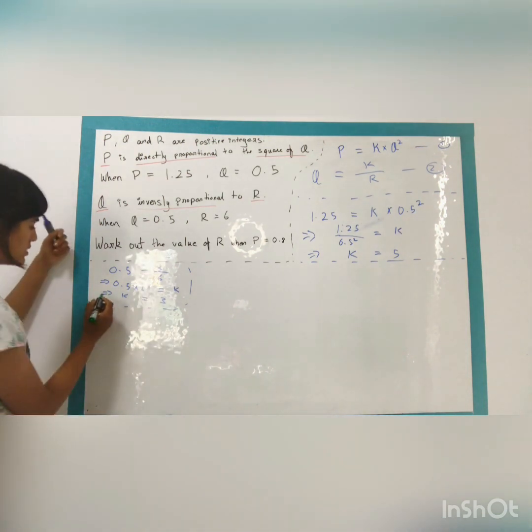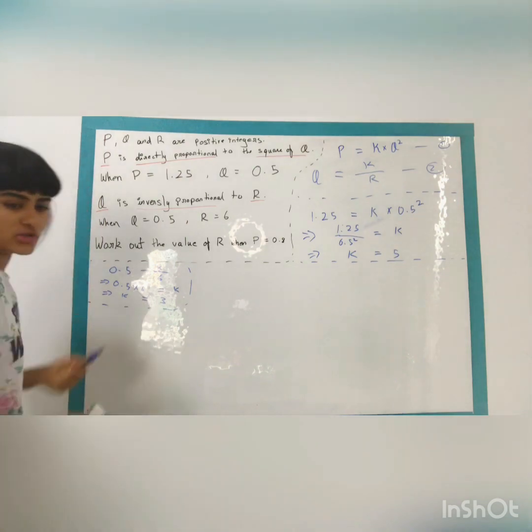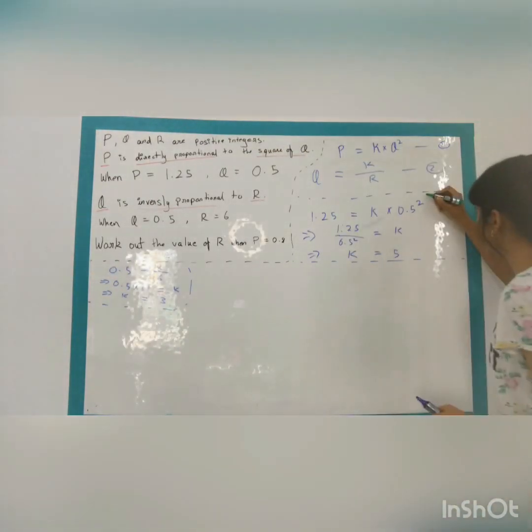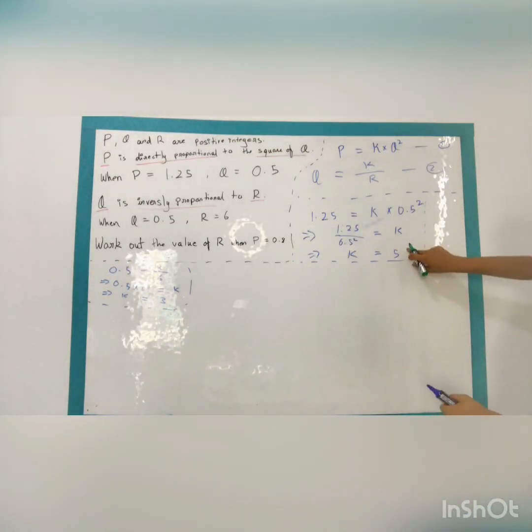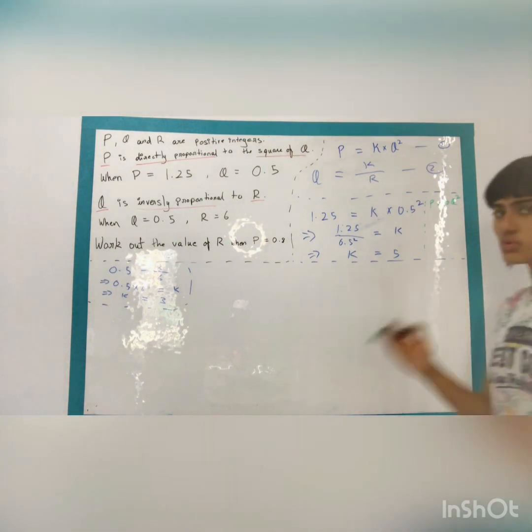Right, so now we've got two different equations. I should probably write them here. From this, we get P is equal to 5Q squared. Cool?